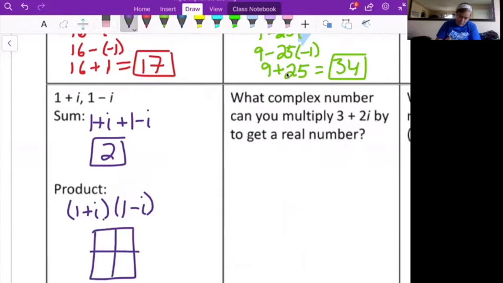This will be 1 plus i times 1 minus i. So then this would be 1, i, negative i, negative i squared. So then this would give us 1 minus i squared, which is 1 minus negative 1. That would be 2.